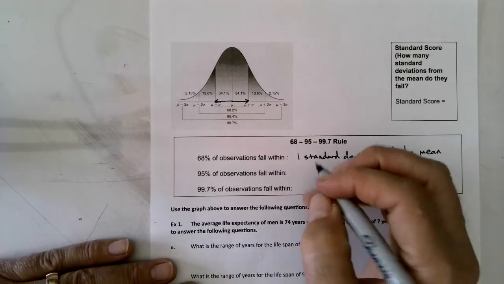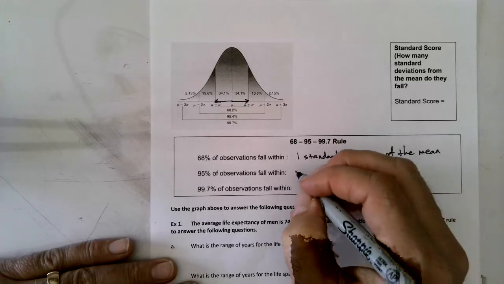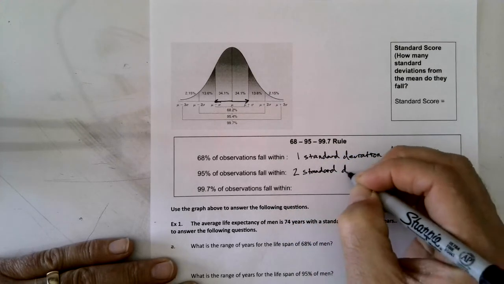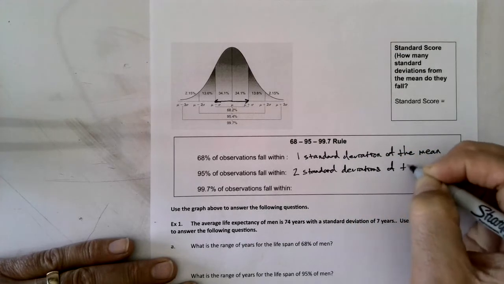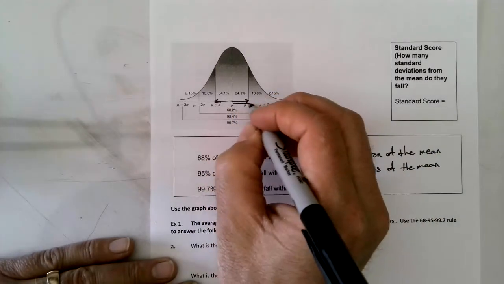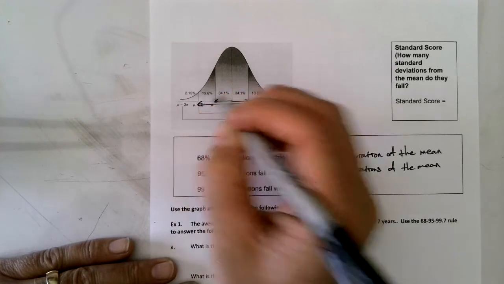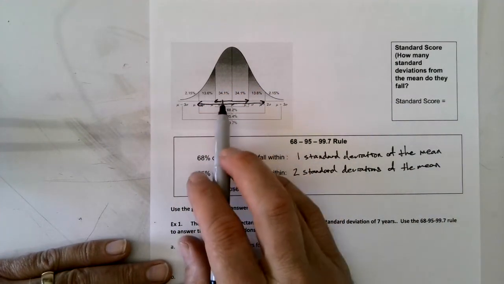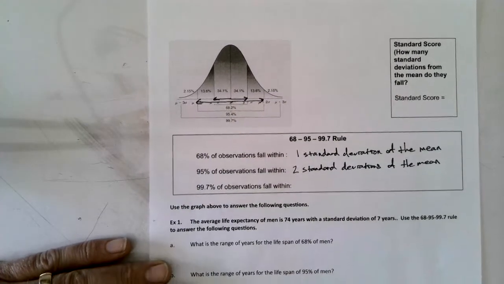Here's the other thing that's interesting. 95% of observations fall within two standard deviations of the mean. So if you move two spots away, you can see we would take that 68%, you add to it 13.6 and 13.6, you come up with 95%.